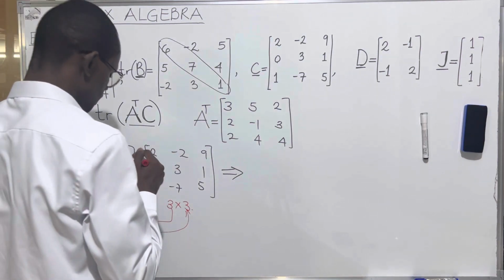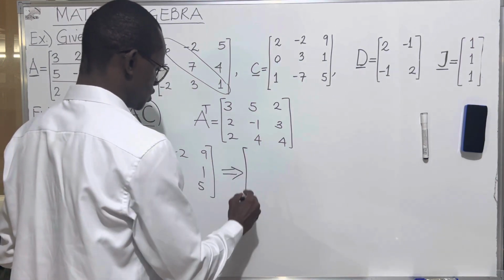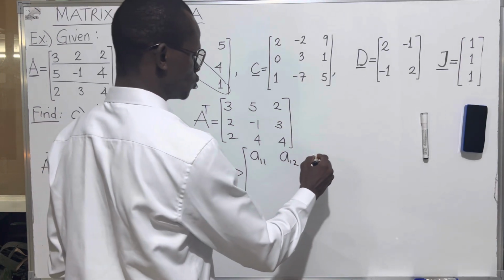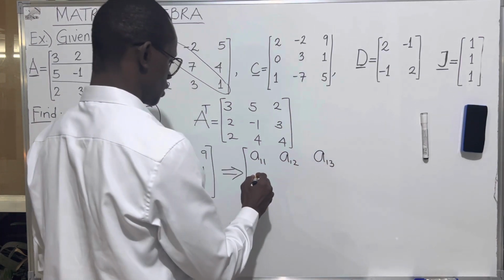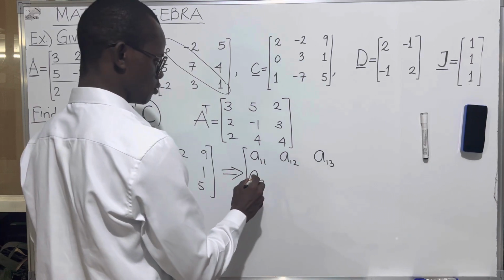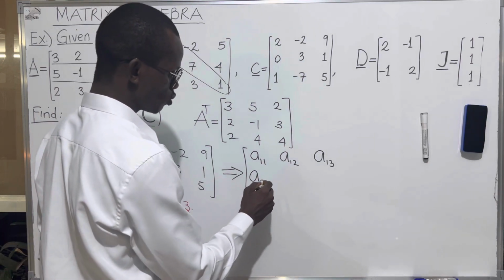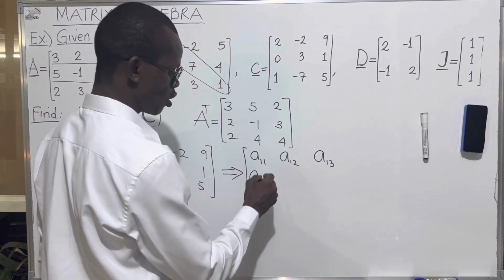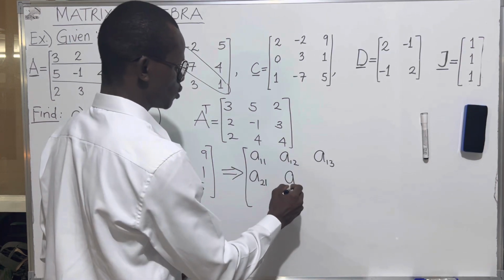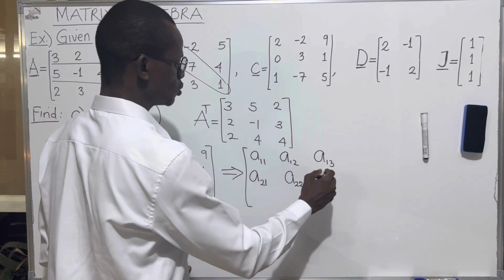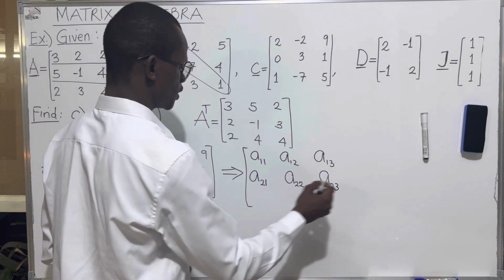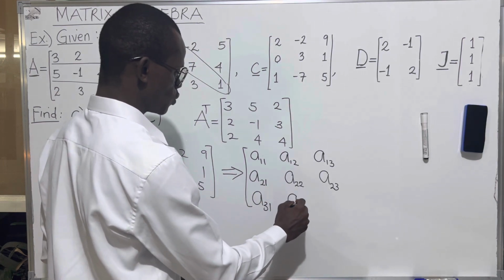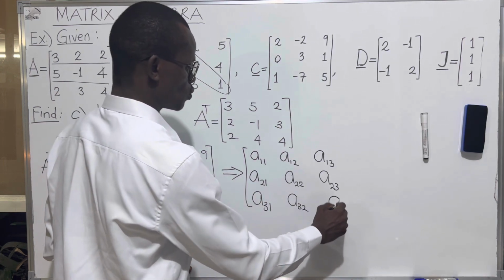So the resultant matrix will just be of this form: A11, A12, A13, A21, and then row 2 on column 2, and then row 2 on column 3, row 3 on column 1, row 3 on column 2, row 3 on column 3.